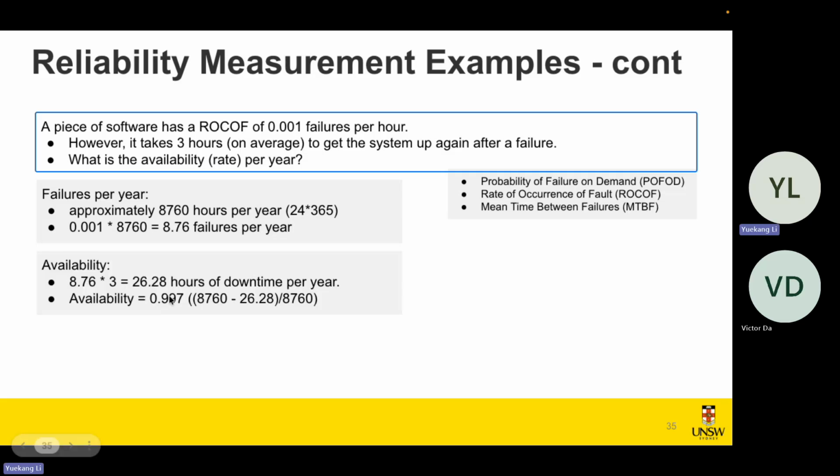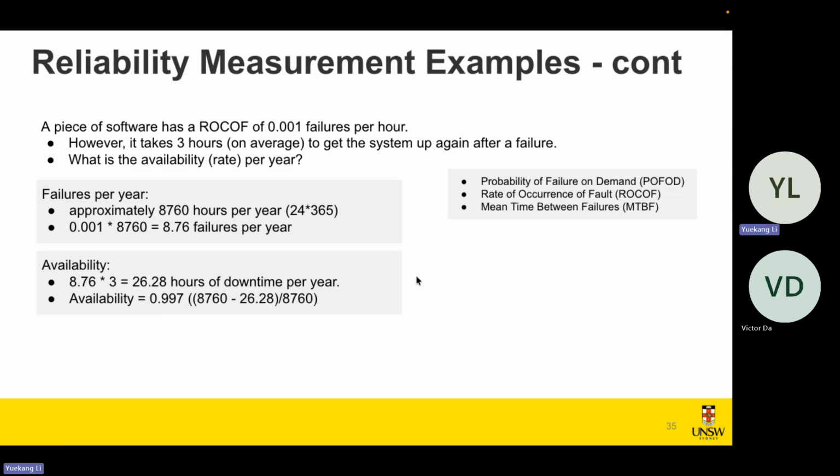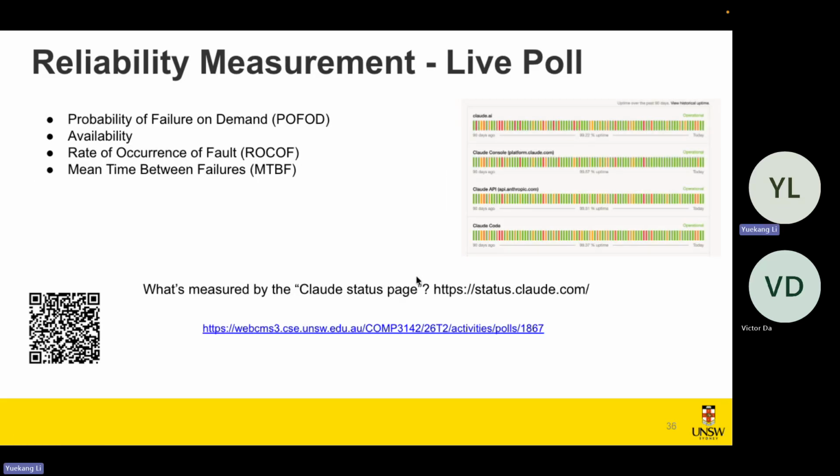So we calculate the downtime first, then we use the total time minus the downtime to calculate the uptime, and then divide it by the total time is the availability. So the availability is 0.997, roughly this number here. So this is how availability is calculated.